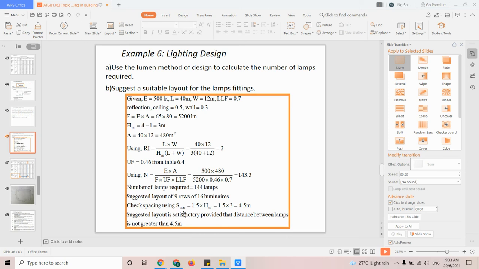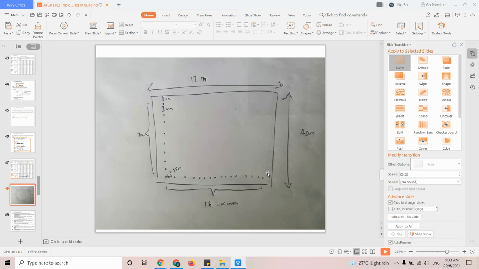If you can give any arrangement that is not more than 4.5 like this, then you'll be good enough for the answer. Notice that there will always be some spacing away from the wall. It won't be dead center at the wall. So you have your lighting arrangement in here.